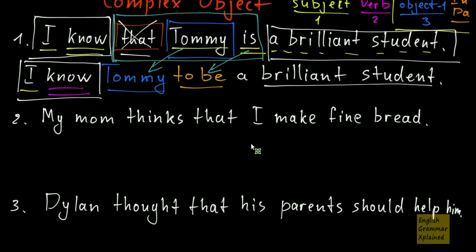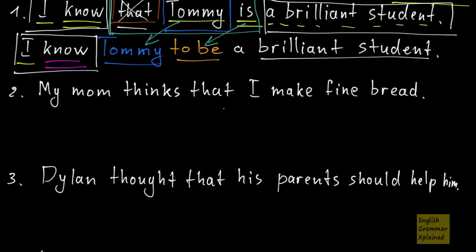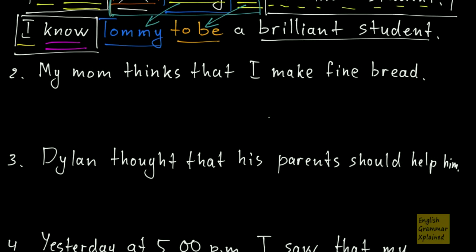Let's try another sentence. My mom thinks that I make fine bread. So, the same technique. This is my subject, this is my main verb. Then I have this linker here, and then I have another subject and another main verb and some object.